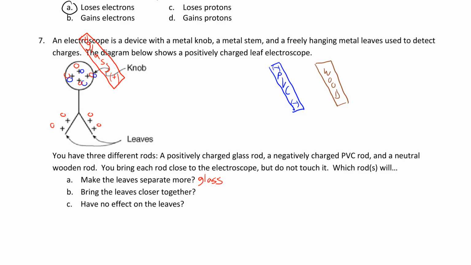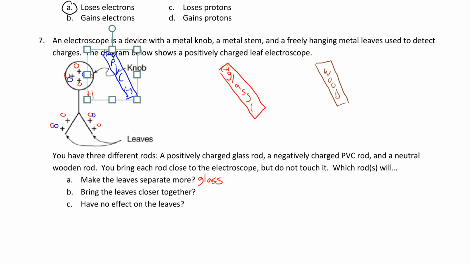Let's see what happens if we bring the PVC rod close. So now you're bringing this PVC rod all the way over here. Well, now what's going to happen? It's a negative rod, so what are the electrons going to do? The electrons are the thing that's moving, right? So are the electrons attracted to the PVC rod, or are they repelled?